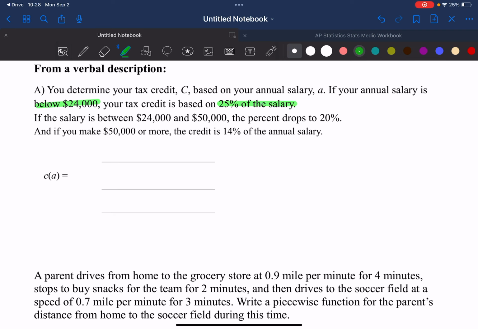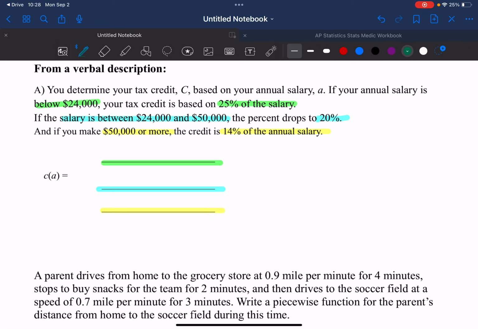This first one here that I highlighted in green is going to give us our first expression. Then it says if the salary is between $24,000 and $50,000, the percent drops to 20%. Okay, so that's our next expression. And then lastly, it says if you make $50,000 or more, your credit is 14% of your annual salary. So that's going to be your next one.